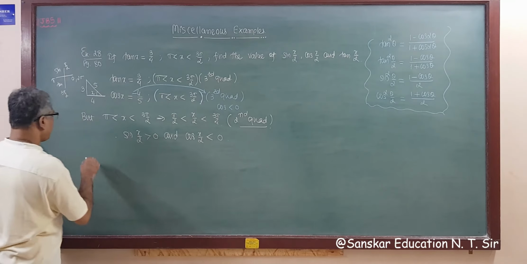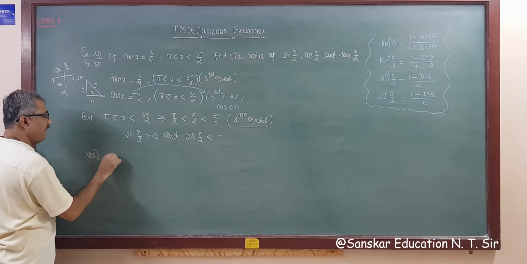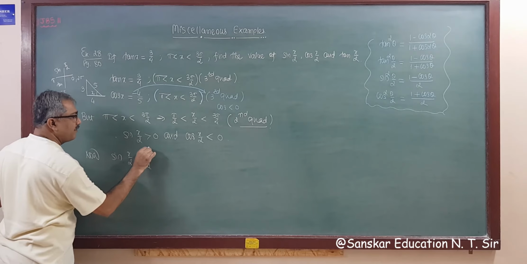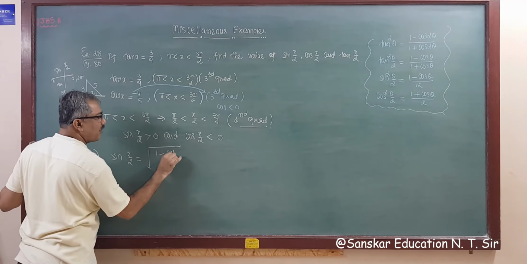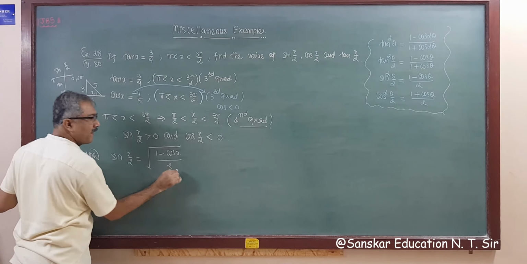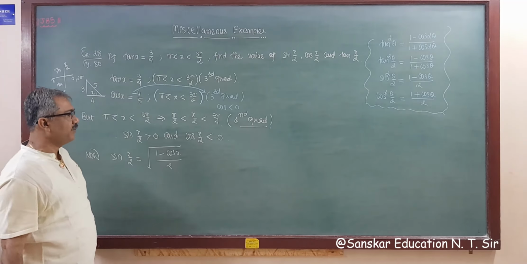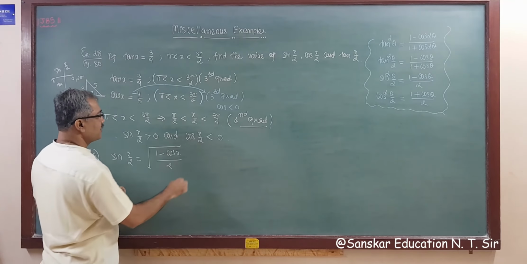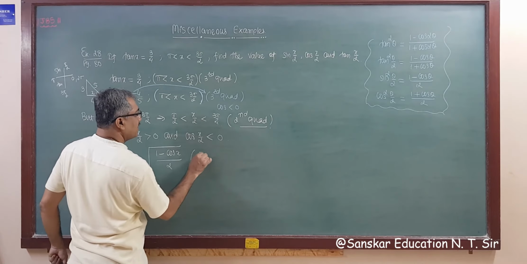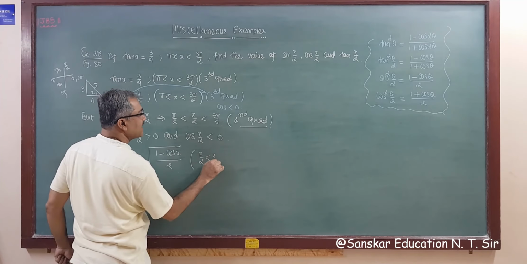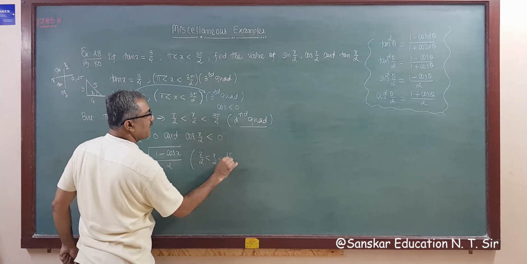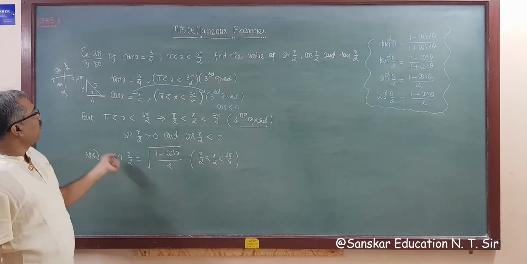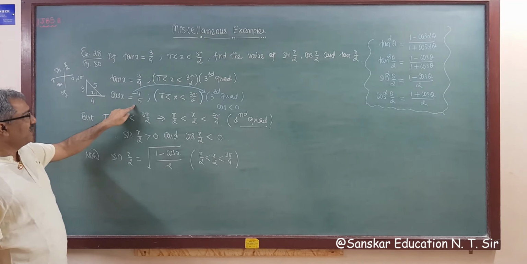So now sin x by 2 is equal to square root of 1 minus cos x whole upon 2. I am considering this as my final decision because there is pi by 2 less than x by 2 less than 3 pi by 4. Now the value of cos x is minus 4 by 5 that we get here.